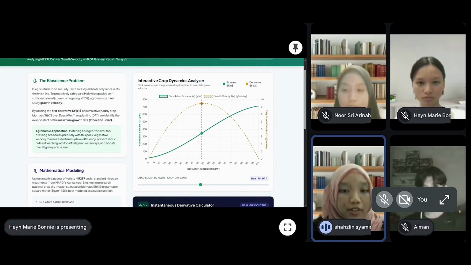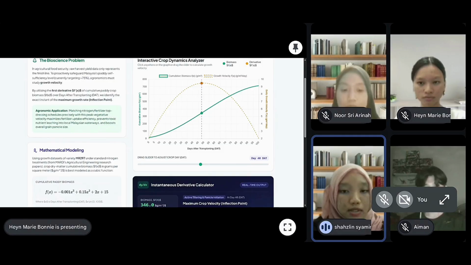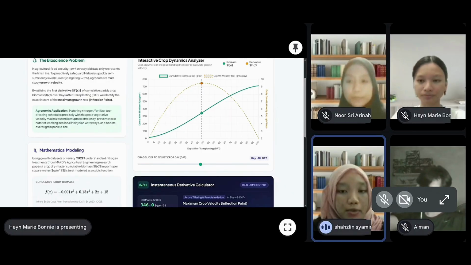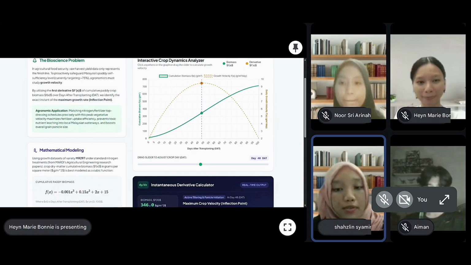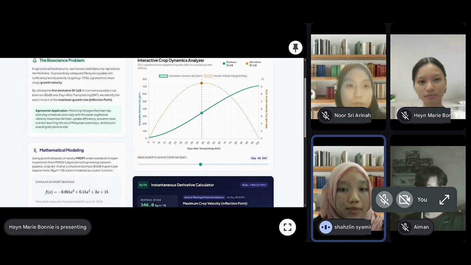The agronomic application here is critical: matching nitrogen fertilizer top-dressing schedules precisely with this peak vegetative velocity maximizes fertilizer uptake efficiency.